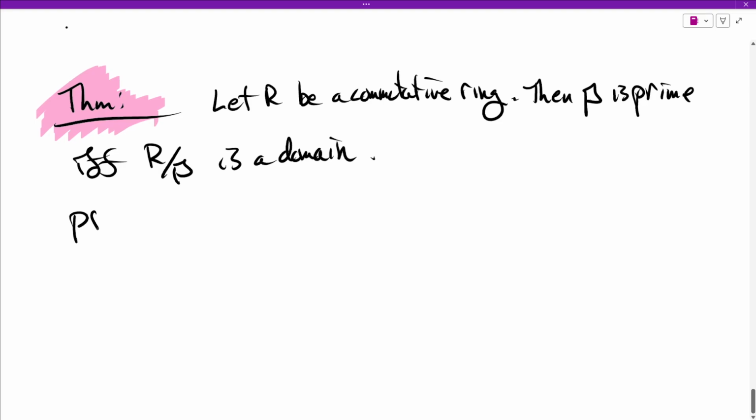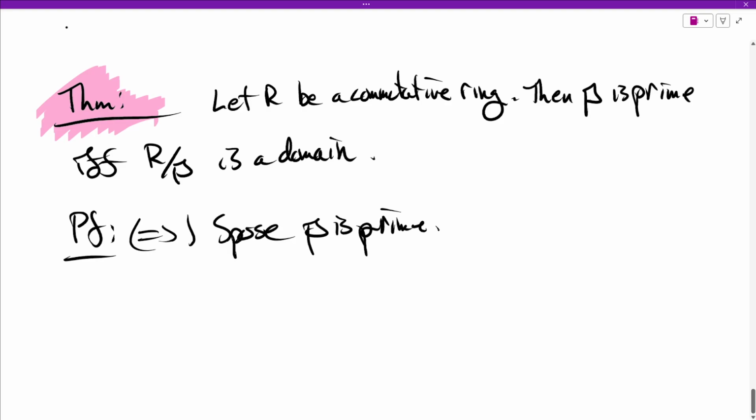All right, proof. Let's do the forward direction first. Suppose P is prime, and let A plus P, B plus P be in R mod P. We need to show that it's a domain. It's already commutative because it's a quotient of a commutative ring. We need to show that there are no zero divisors.